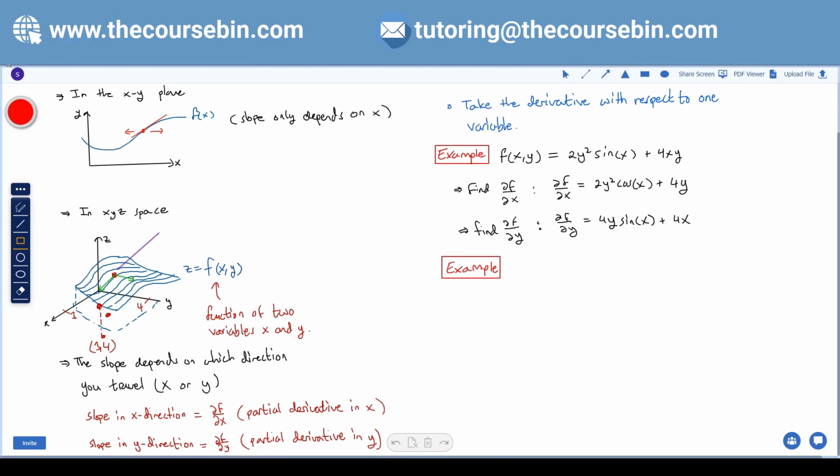Oh, this one's in terms of t. Yeah. Regardless of the parameters you use, it's still the same, right? Same rules. Okay. Let me see.